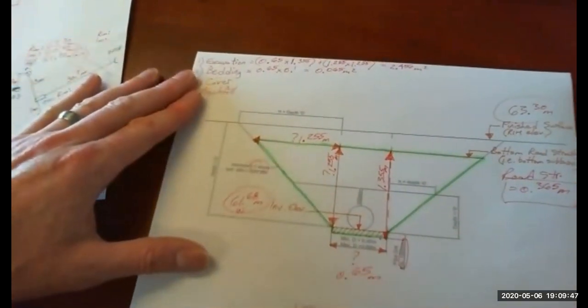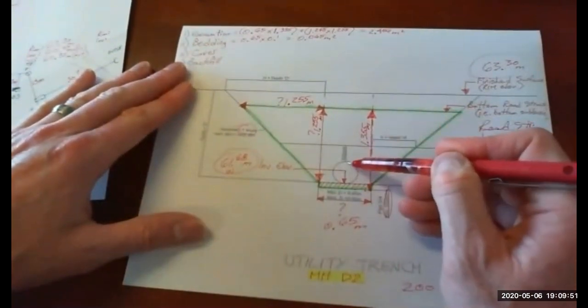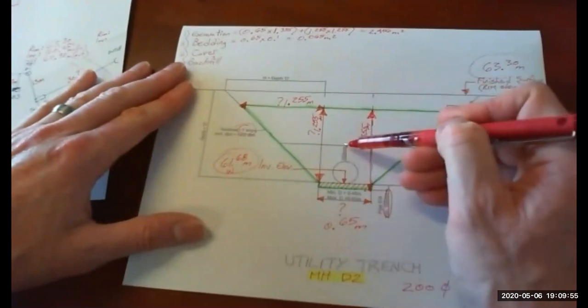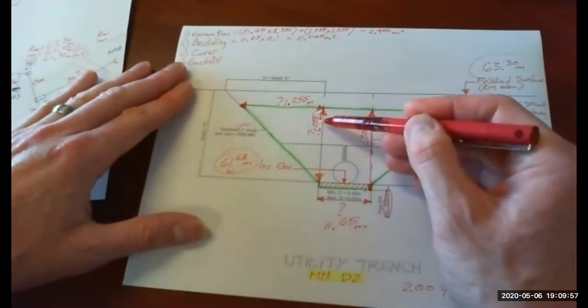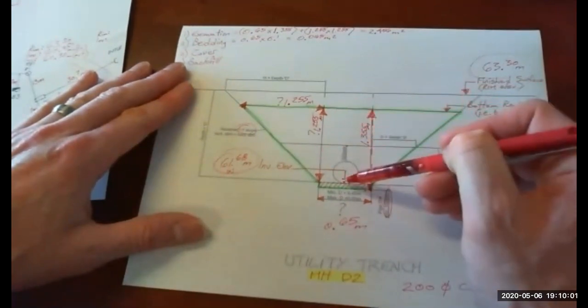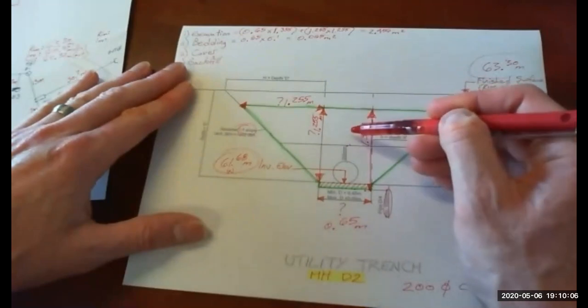Previously, if you remember, there was not enough room. So what would that height be? 200 pipe plus 300, so it would be 0.5 meters. We've got 1.255 meters of overall depth there, so there is room to get the full cover in, plus there's going to be some backfill here as well.